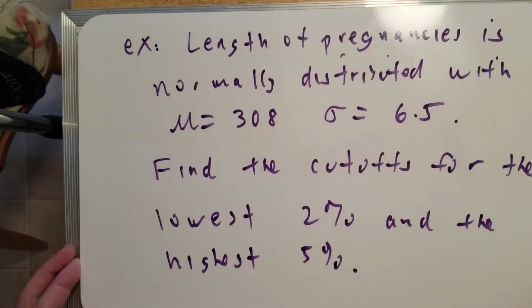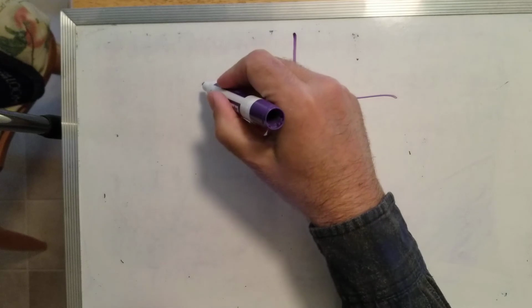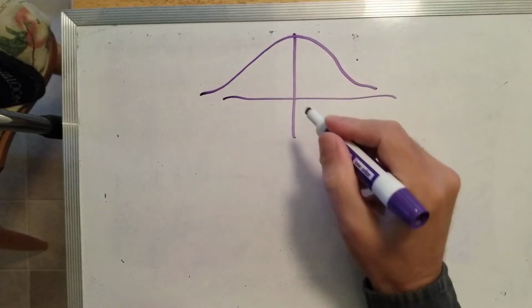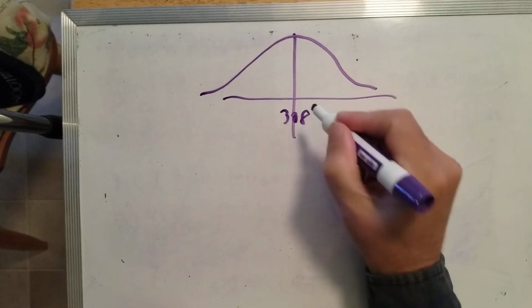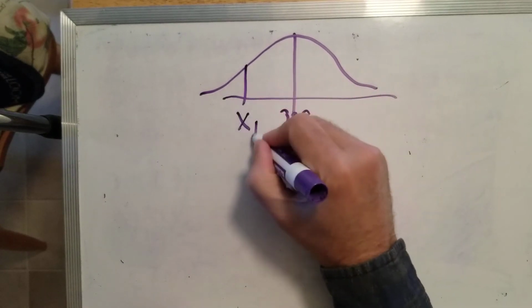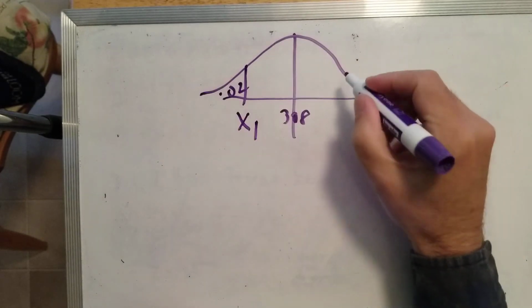This example is going to use InvNorm on the calculator, but first I'm going to draw a picture. Here's your normal distribution. Again, the mean lives right in the middle, and the lowest 2%, I'm going to call that cutoff x1, and that means there's an area of 0.02 to the left of that.